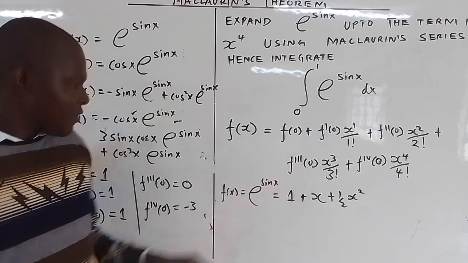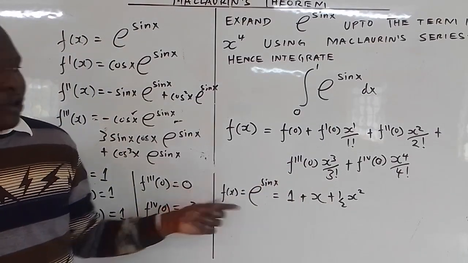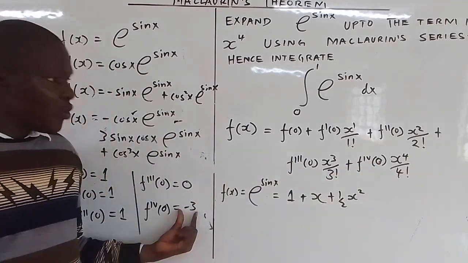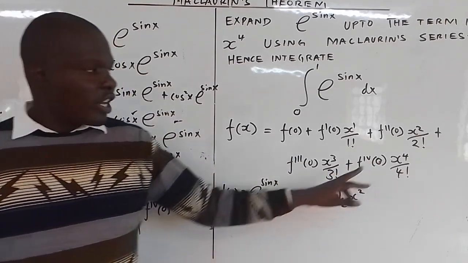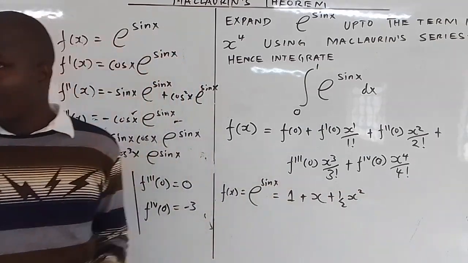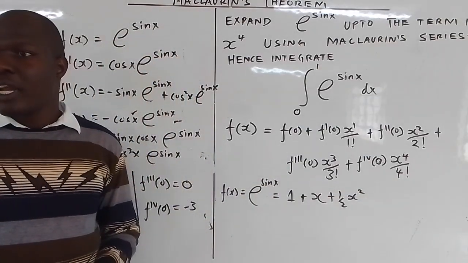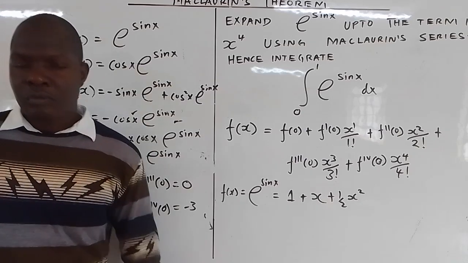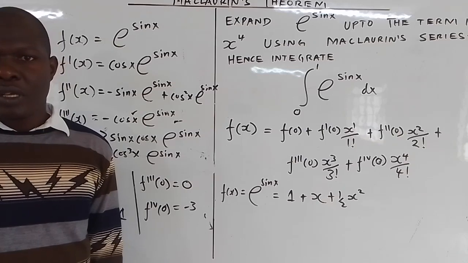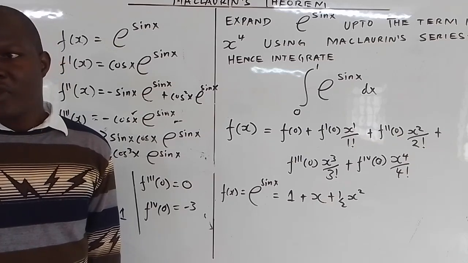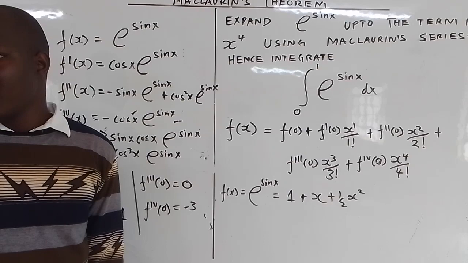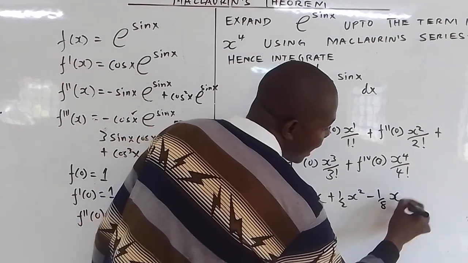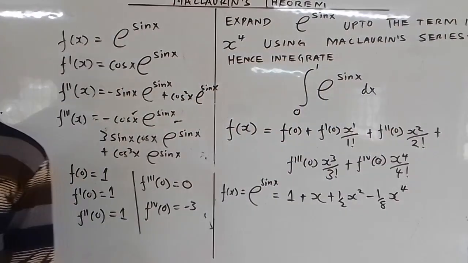Move to the next one. f triple prime of 0 you found to be 0, meaning the whole of this term goes to 0. Then the fourth derivative of 0 you found to be negative 3. So negative 3 over 4 factorial, that is negative 1 over 8, unless you're using a different calculator than the one I'm using in my brain. Then our x is raised to power 4.